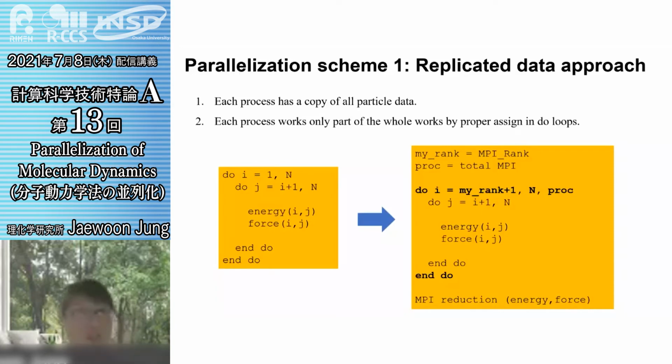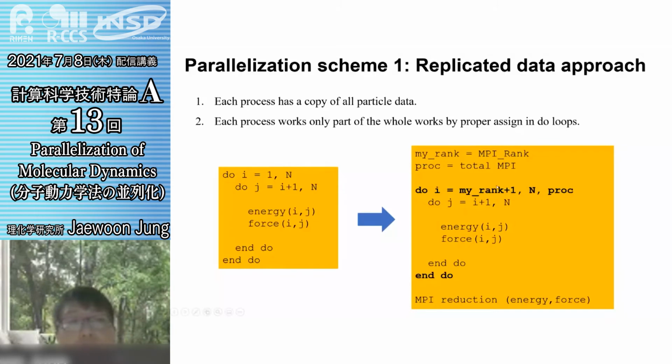In do loops, let's see this one. We have a do loop of I index and a do loop of J index. So this is just a particle pair interaction between I and J. Here, we can make use of it by defining my MPI rank and by defining the total number of MPIs.